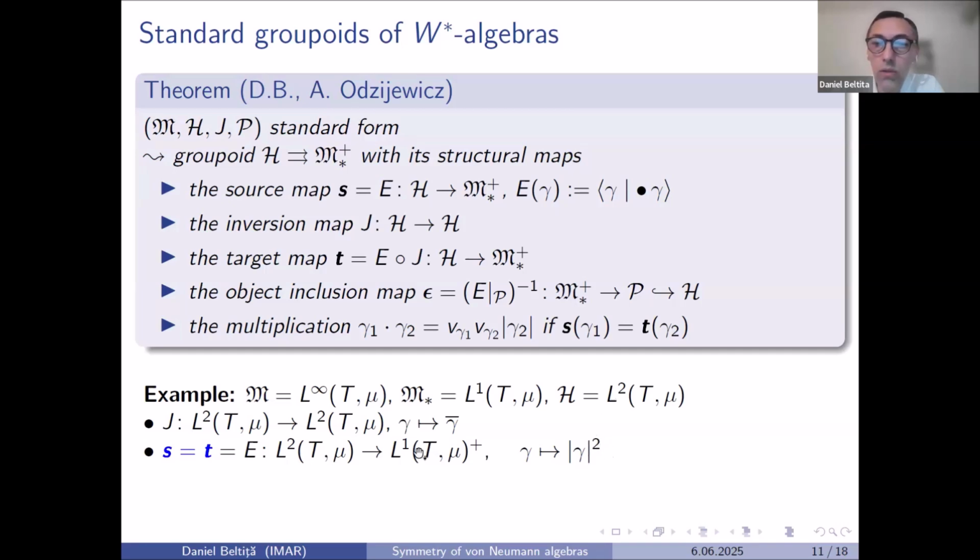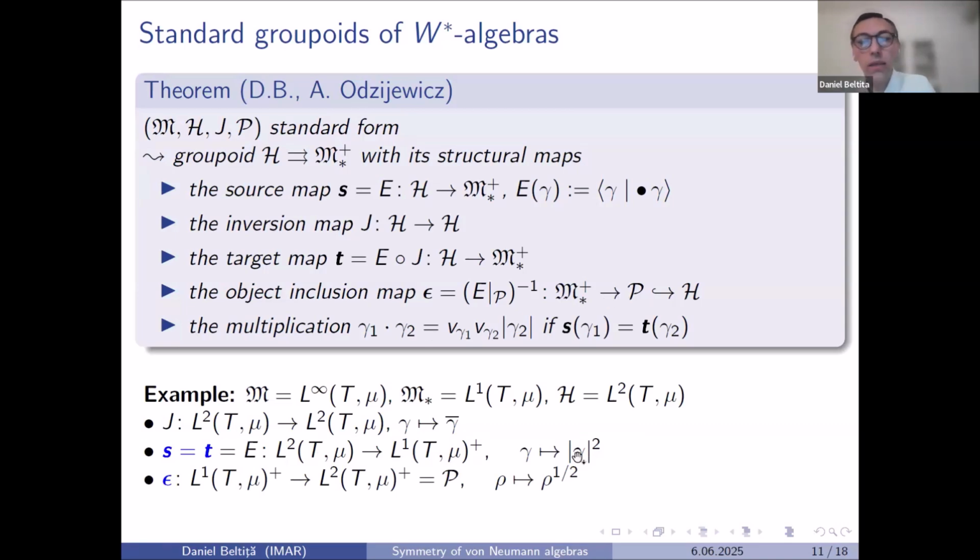So they go from L1 to the positive cone in L2, and from L2 to the positive cone in L1. If we spatialize this formula, we get this. We need to identify the functions with multiplication operators, but otherwise this is exactly the square modulus of gamma. And the unit inclusion map is the square root.